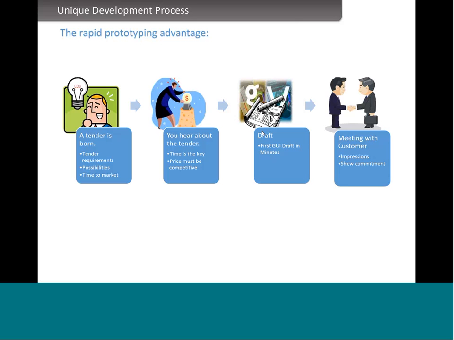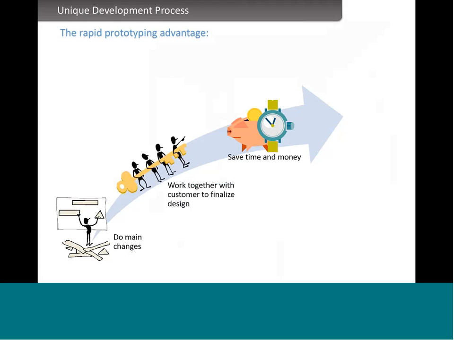You visit the customer, and he can gain first impressions on your draft, what he can see, and you already show commitment to the project. So it will be much easier for your customer to say yes because you already show something he can actually touch and see without even hiring you. And for you, the advantage as well, you already started the project.